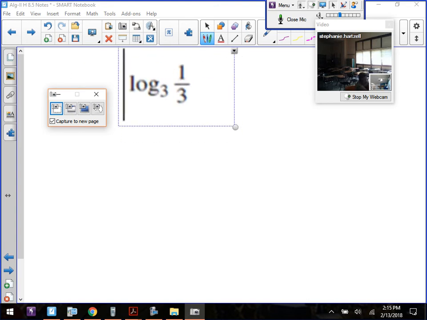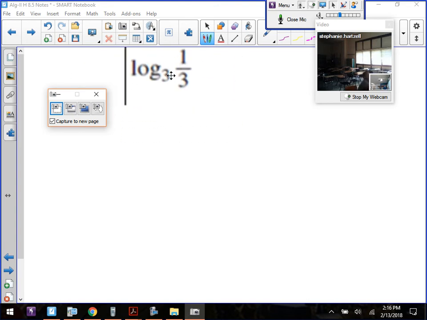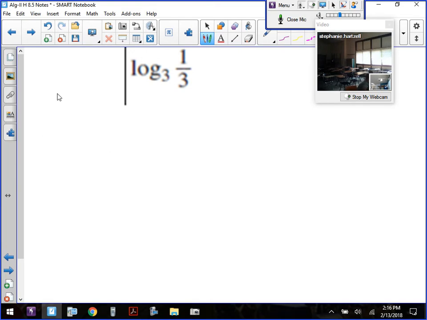All right. What about log base 3 of a third? That's a division symbol, isn't it? So it's subtraction. That's the same thing as saying log base 3 of 1 minus log base 3 of 3.